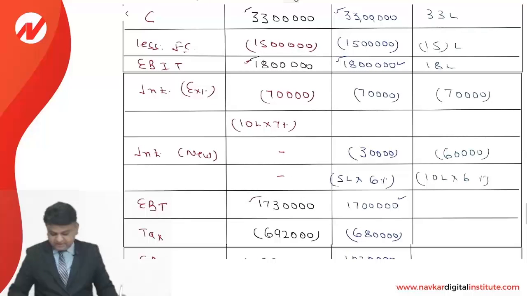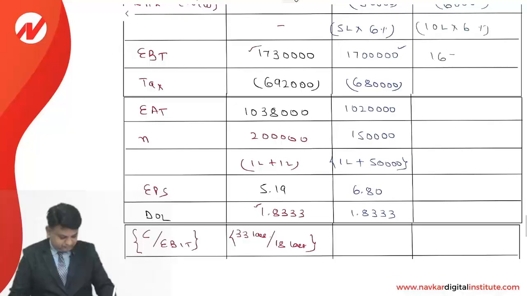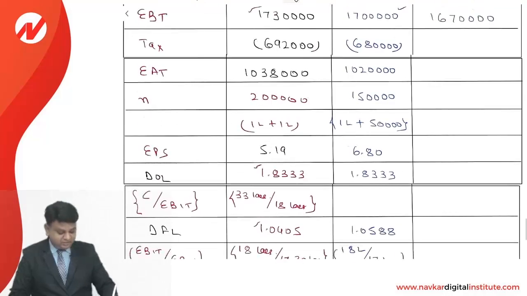So it is EBIT 18 lakhs minus existing interest of 70,000 minus new interest of 60,000. So it comes to 16,70,000. Into 0.40, income tax is 6,68,000.